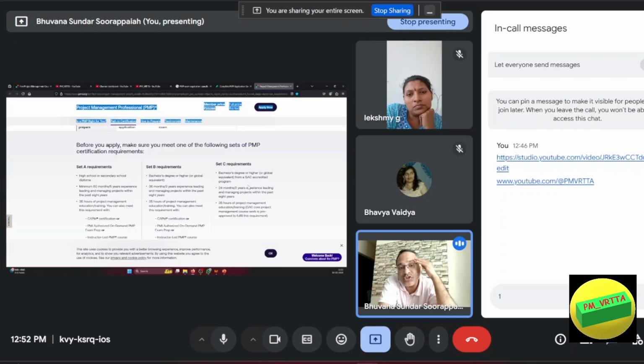But there are many courses which can get accredited by GAC, the Global Accreditation Council. They have to follow certain norms. The course content has to be structured in a way that PMI expects, and they go through an audit and all those things. After following certain processes, PMI accredits these courses, and the universities can claim that their course, be it an MBA or whatever project management course, is accredited by GAC.